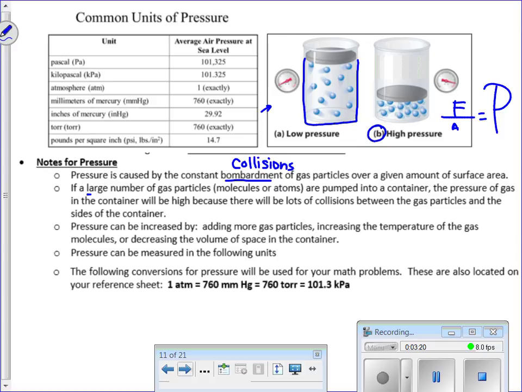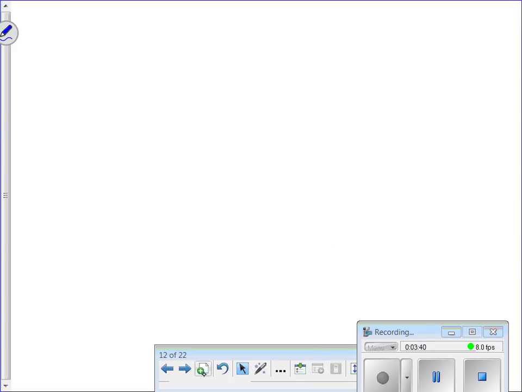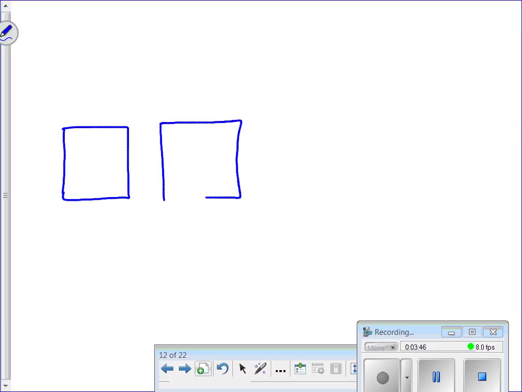If you have a large number of gas particles, molecules or atoms, and you pump them into a container, the pressure of the gas in the container will be high because there are lots of collisions between the gas particles and the sides of the container. So for instance, and we're going to pretend like these are identical containers, okay?